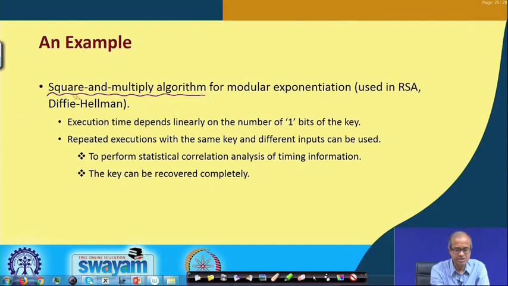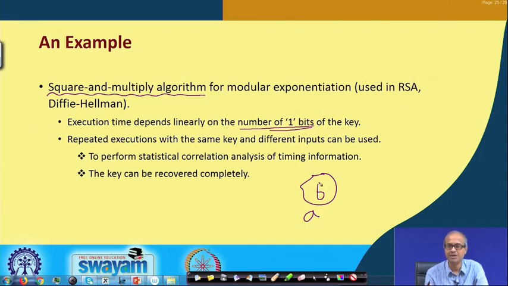So, with this square and multiply algorithm, as we shall see, the execution time will depend on the bits of b when we compute a to the power b. If you treat this b as a binary number, it will consist of a string of zeros and ones. Execution time will directly depend on the number of ones in this b.